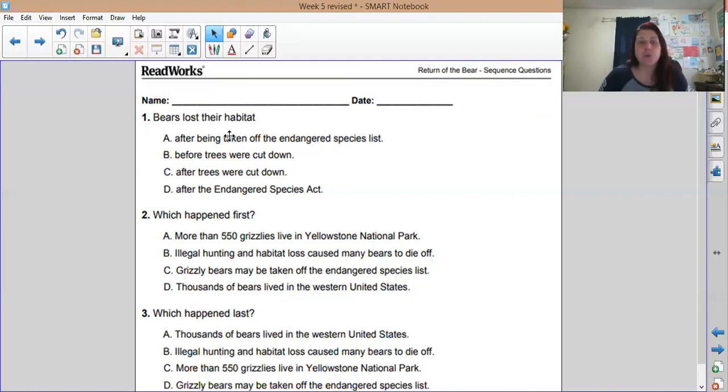So think about this word here, habitat, okay? And habitat means their surroundings, their environment, where they live. Habitat means their home. So which one of these shows us that they lost their habitat, there was not enough room for them to live there, they were kind of pushed out, or it got a little smaller and cramped after what took place?